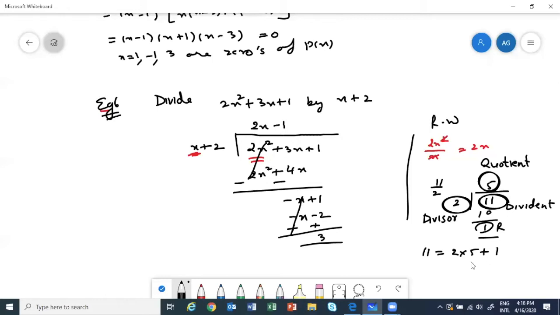Okay, we can write it. So similarly, for polynomials also we can write like that. We can write our polynomial 2x square plus 3x plus 1 will be equal to x plus 2 into 2x minus 1 plus 3.